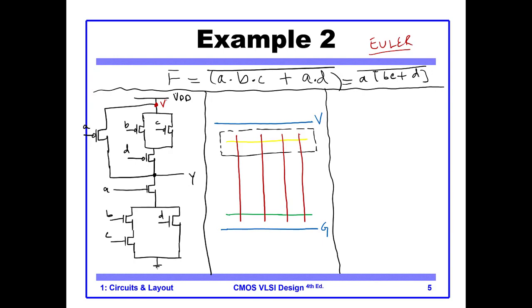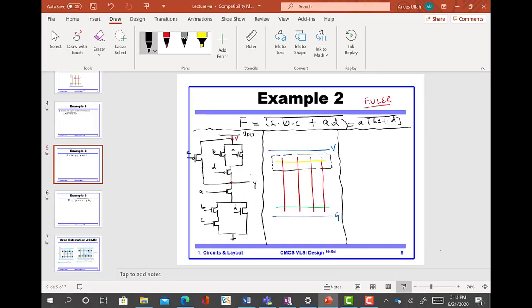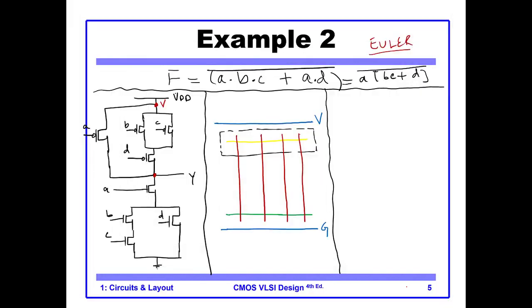So we have this node V, and then we have this other node which is Y. So this is our Y node, and this, let's call this our one node.